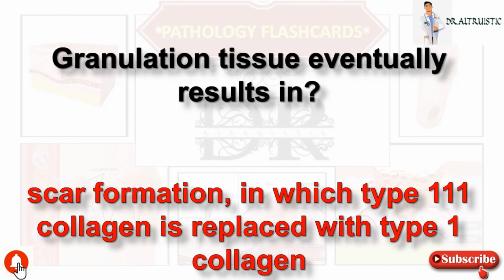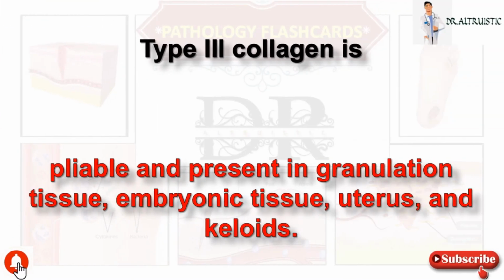Granulation tissue eventually results in scar formation, in which type 3 collagen is replaced with type 1 collagen. Type 3 collagen is pliable and present in granulation tissue, embryonic tissue, uterus, and keloids.